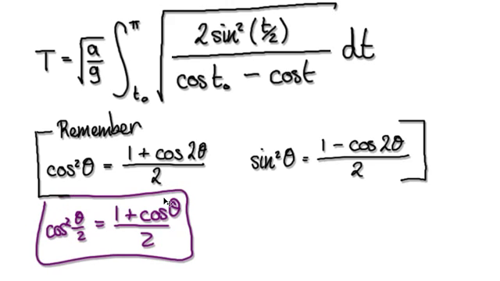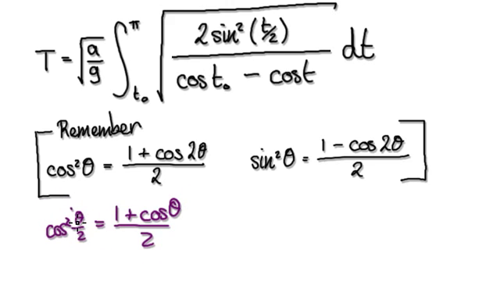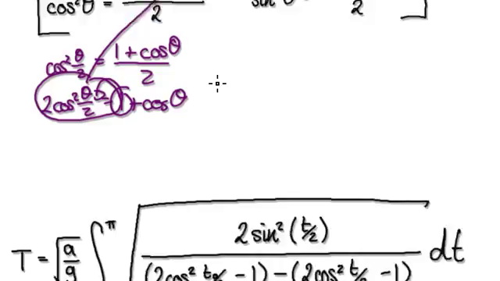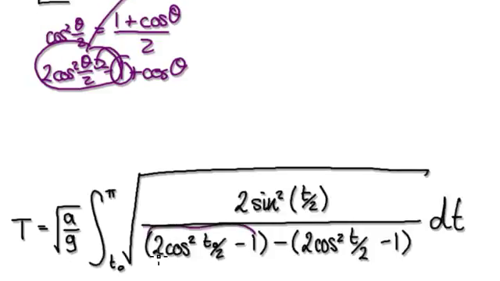The angle here is still double the angle here, so it's consistent. Now we only want this bit here, so multiply both sides by 2, which gives us 2 cos squared theta over 2 equals 1 plus cos theta. Now take away 1, so we can put that into this bit here, and that will then become this.